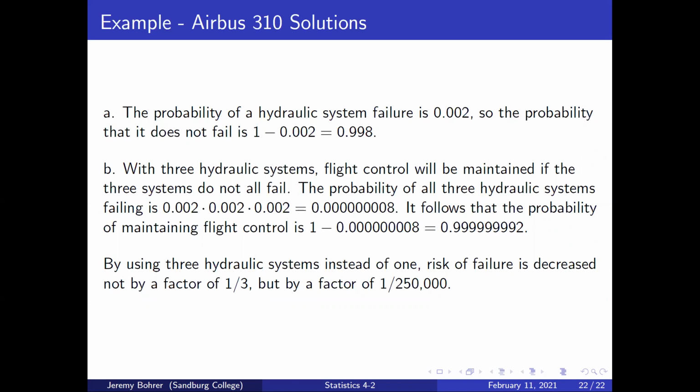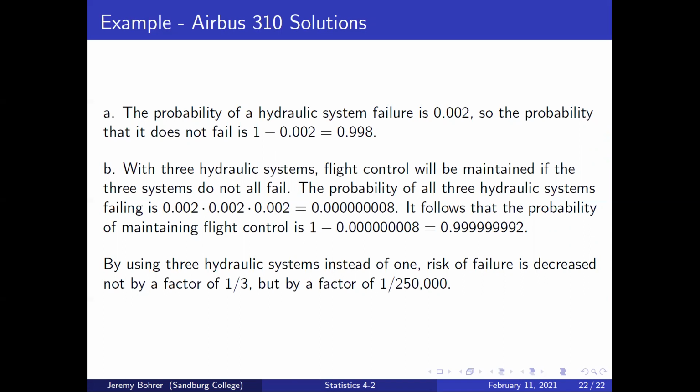The probability of all 3 hydraulic systems failing is 0.002 times 0.002 times 0.002, which is 8 billionths.